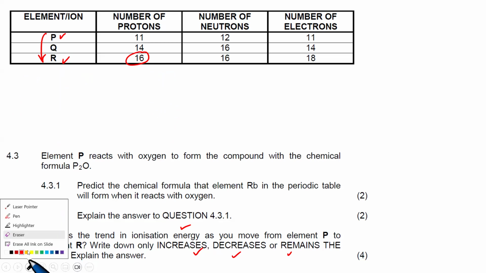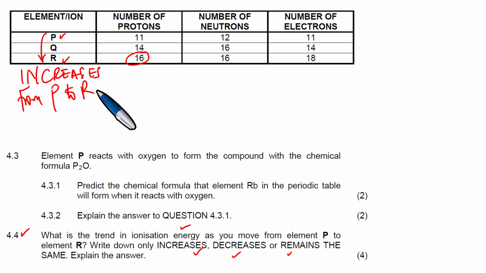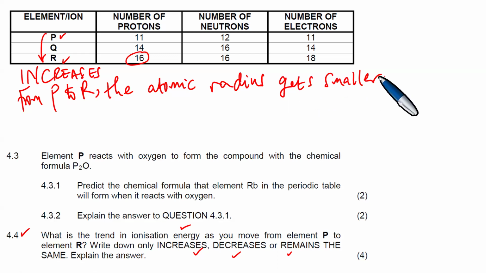If you choose to write increases and explain, from P to R, the atomic radius gets smaller.